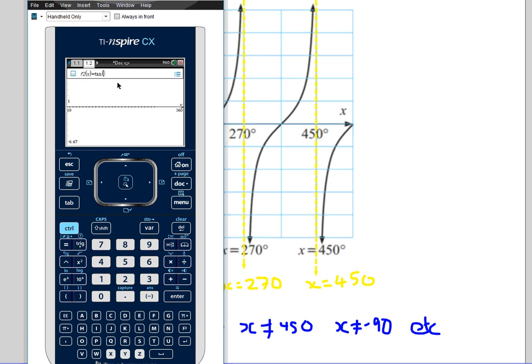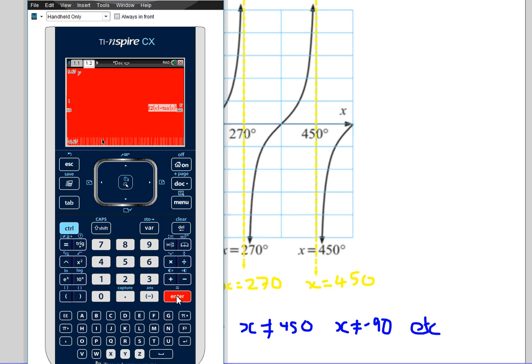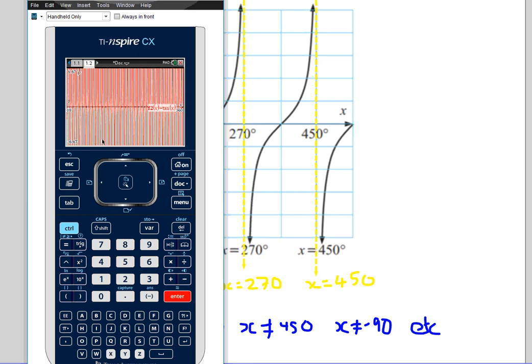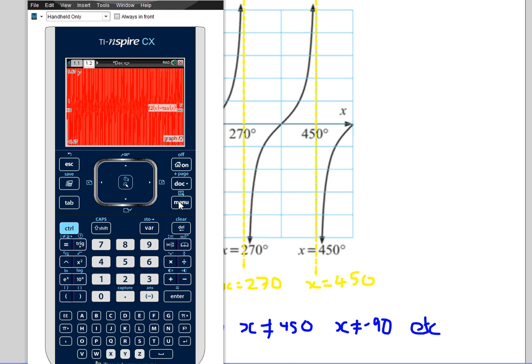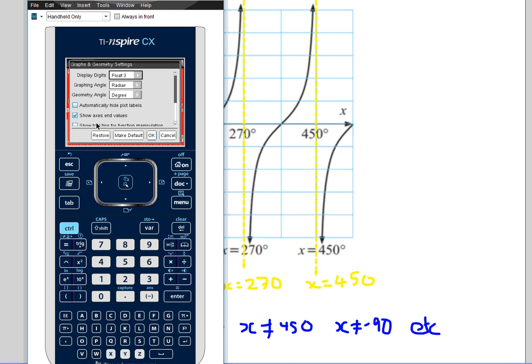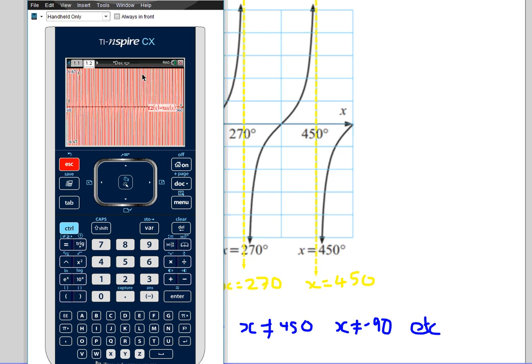Oh my. Okay, so if you're getting the same thing, I've just realized what's going on. It's because of the graph settings. So remember, you can go to menu, and then in the graph settings, my general calculator settings are in degrees, but my graph settings are in radians. So see how I did that? Once I've drawn my graph, or once I'm in a graph, menu, settings. So I need to change from radian to degrees.